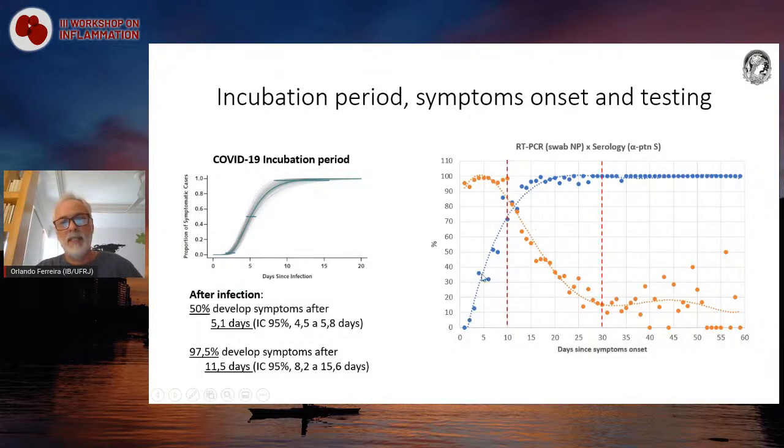But nevertheless, for diagnosis in the first few days, the most reliable assay is PCR, and that's what we use to diagnose our cases in the cohort. And after 10 to 15 days, serology becomes the most important marker.